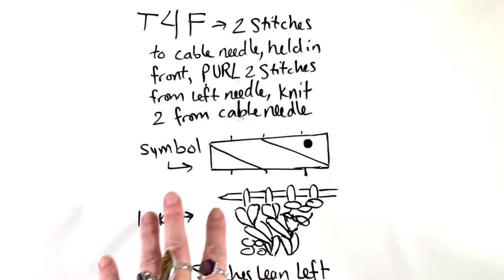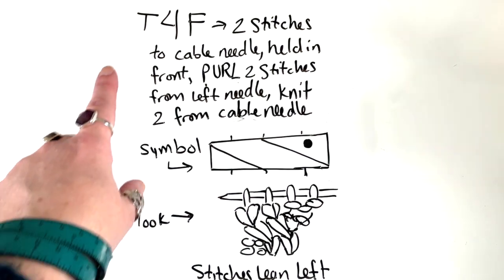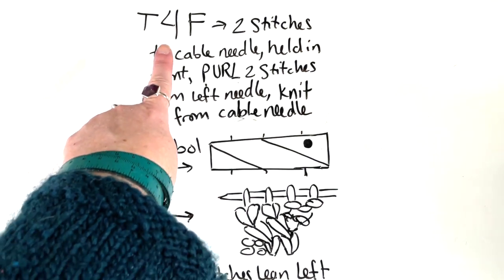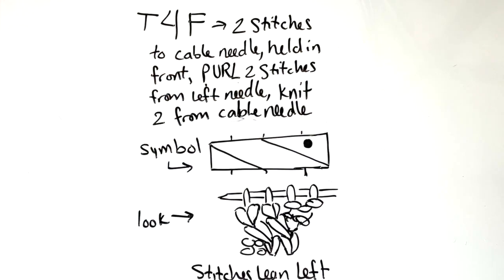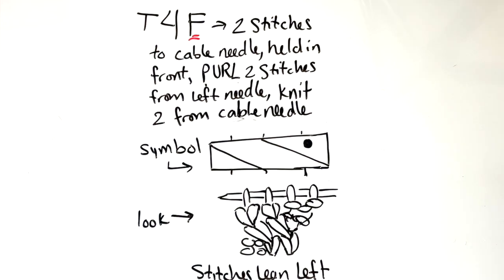Now let's take a look at the difference of a T4F. Now the only difference here from the other one is F, which usually means hold your stitches on the cable needle in front instead of in back. Now this is going to change how we deal with the stitches on the other end.